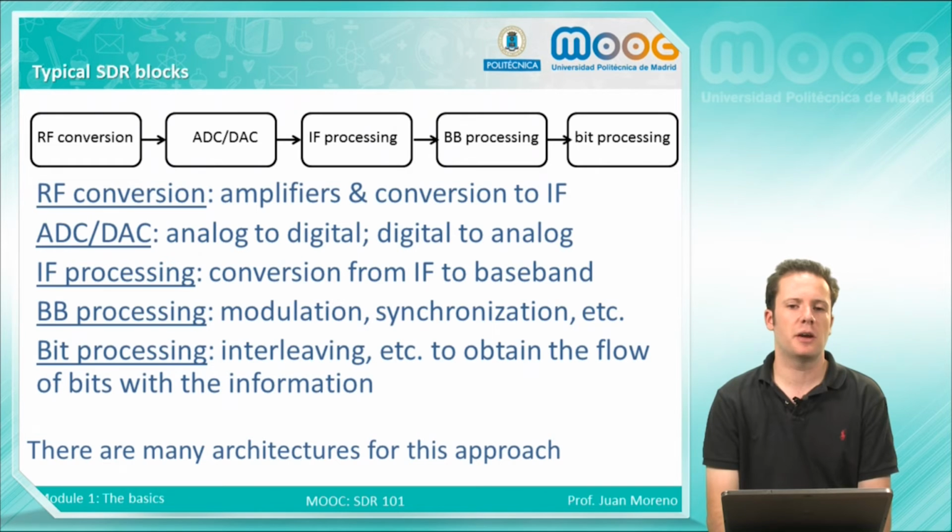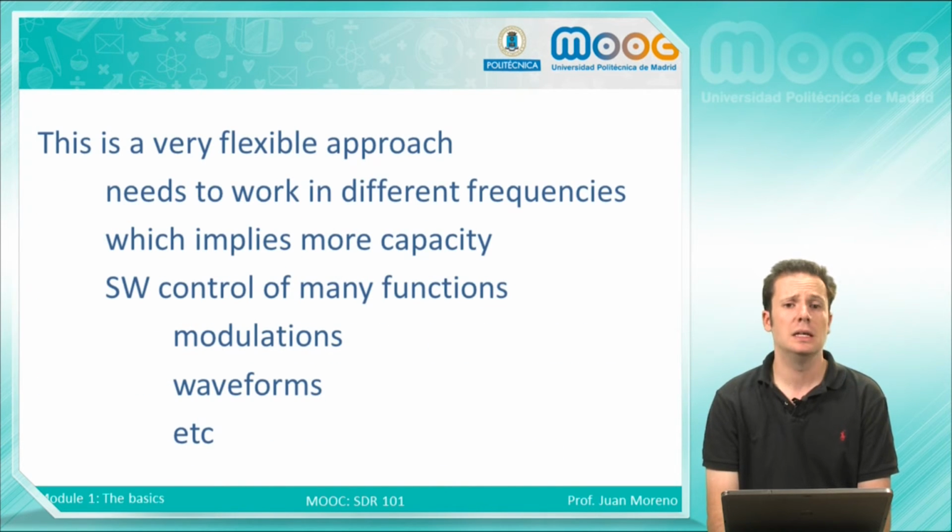Of course, there are many different architectures for this approach, which is very flexible, but demands a lot from the hardware. The software radio needs to work in different frequencies, which implies more capacity, which implies a complex software to control all these functions, to do all the modulations, the waveforms, and everything that we saw in previous videos.